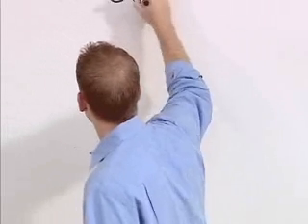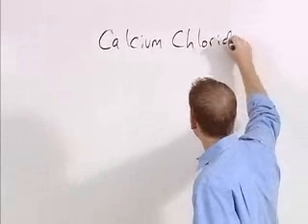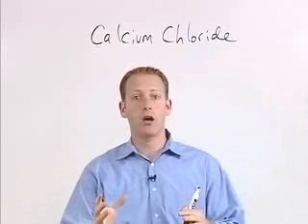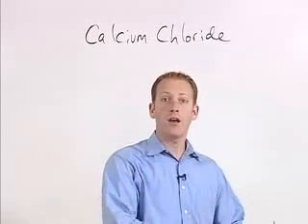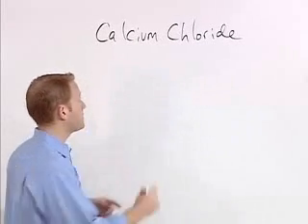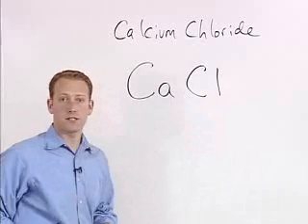It doesn't matter what it is. First thing you have to remember is whenever you're writing a substance, the positive comes first, the negative ion always comes second. So here, you know that the calcium is positive and the chlorine is second. So you write the 2 formulas.